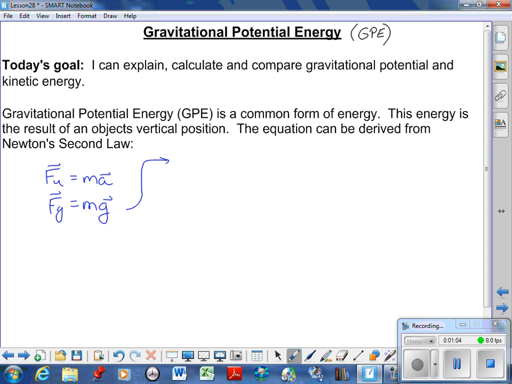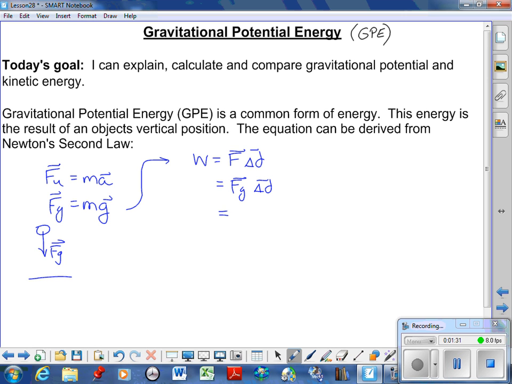Taking that formula, we head into our work or mechanical energy formula of force multiplied by displacement. Since we're talking about a vertical displacement, an object above the surface, the force acting on that object is Fg. So the force in our work formula is replaced with force due to gravity, delta d.